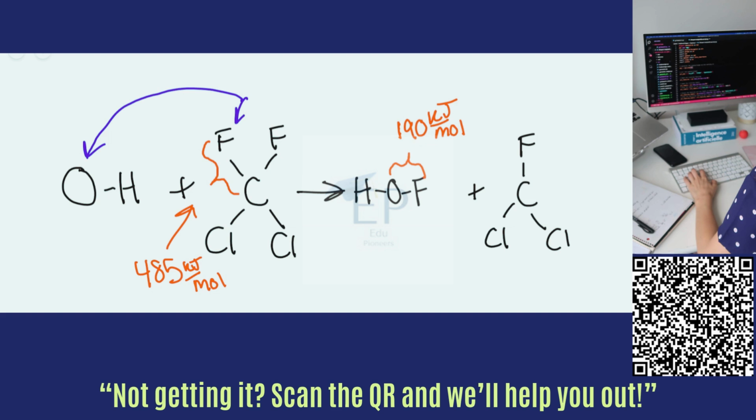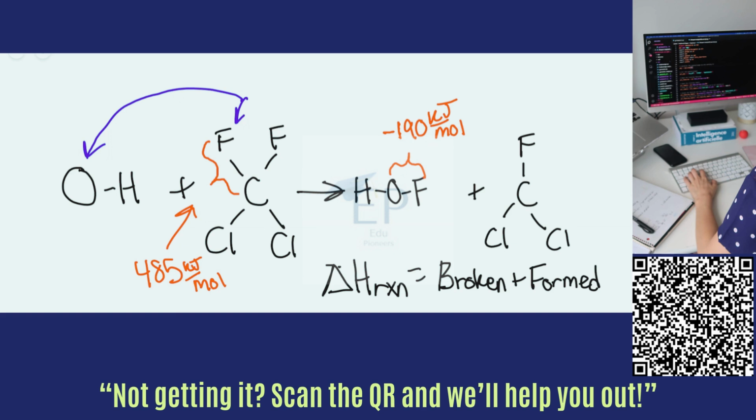And so if the total delta H of reaction equals the sum of the bonds broken and the bonds formed, then what we need to take into account is that this will be a negative number because we need this amount of energy.